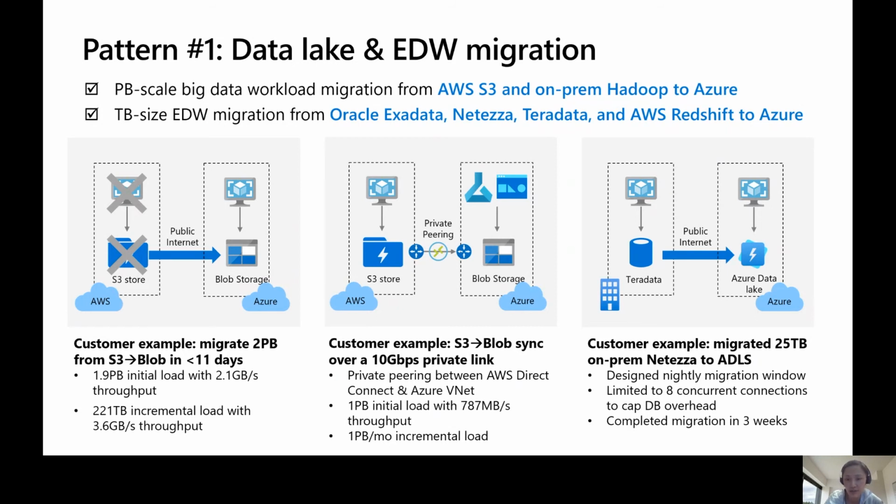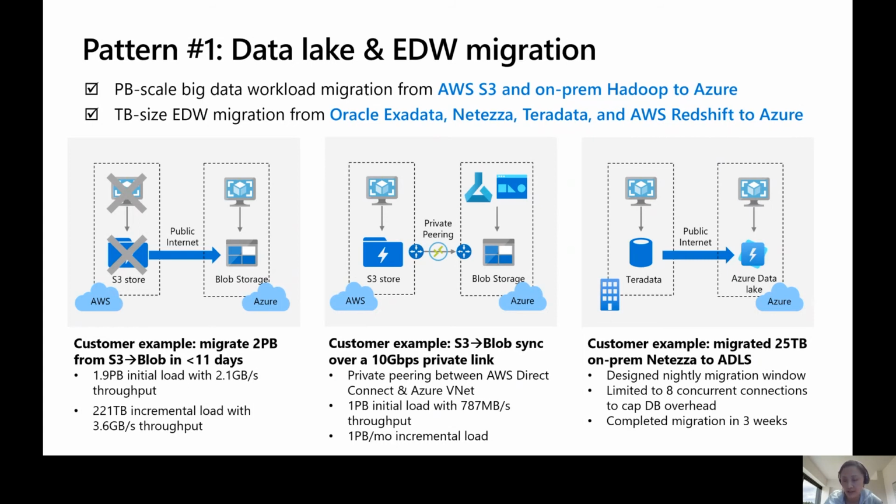Using ADF, they were able to achieve very effective link utilization over this 10 gigabit private link. Their initial load was 1 petabyte in size, and subsequently they have been doing 1 petabyte per month incremental load.